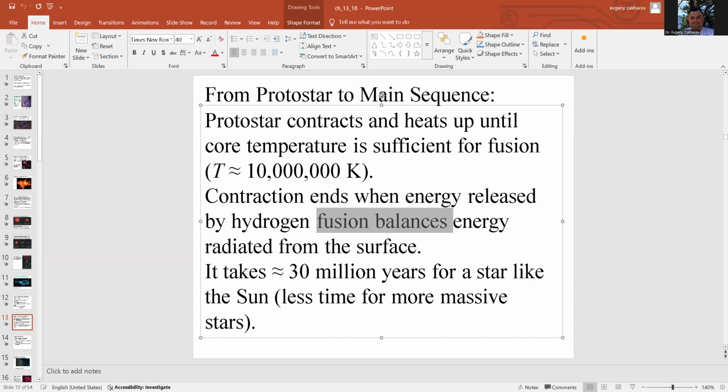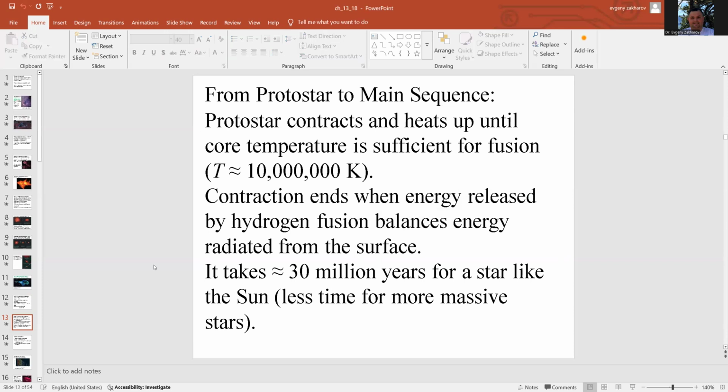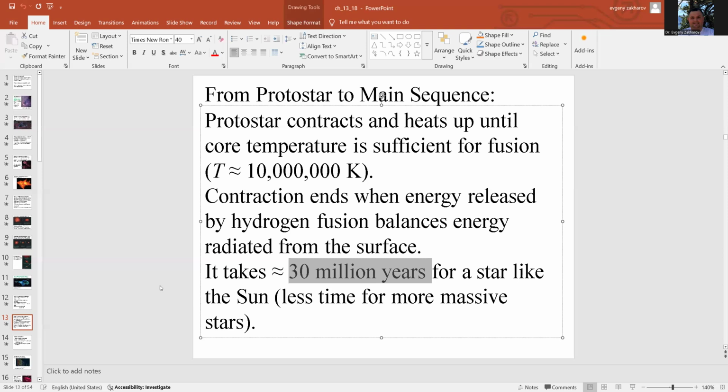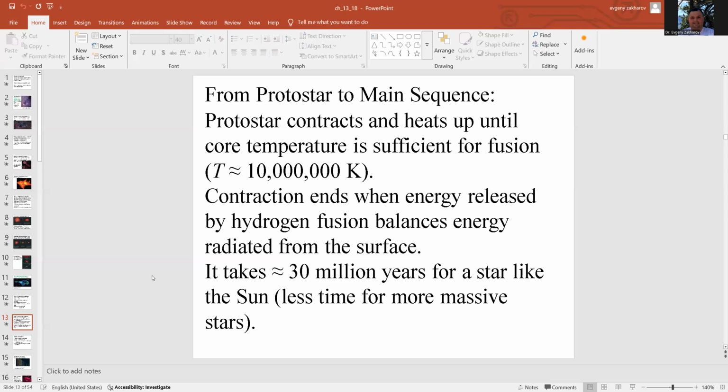It's the fusion energy that balances the energy losses as radiation from the surface. And for a sun-like star, it takes about 30 million years. By that time, all the high mass stars would already be gone from the main sequence. See how low mass stars just enter the main sequence, and high mass stars by this time are already dead.